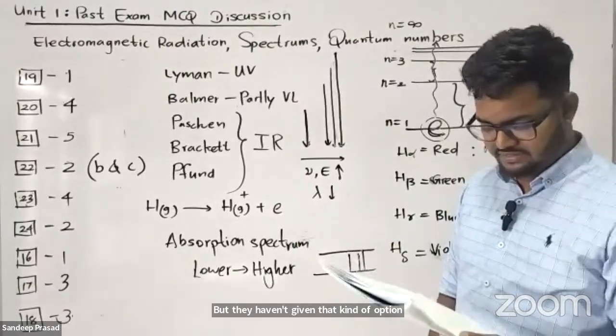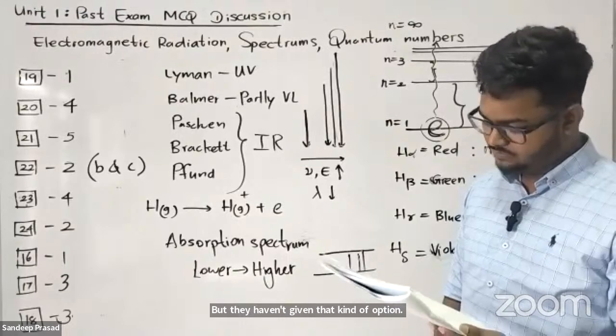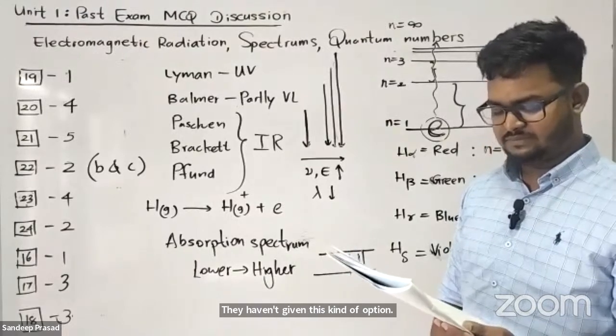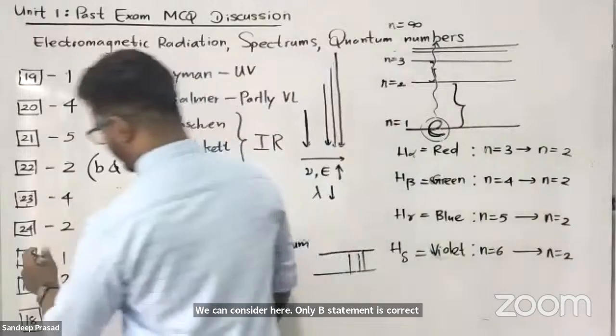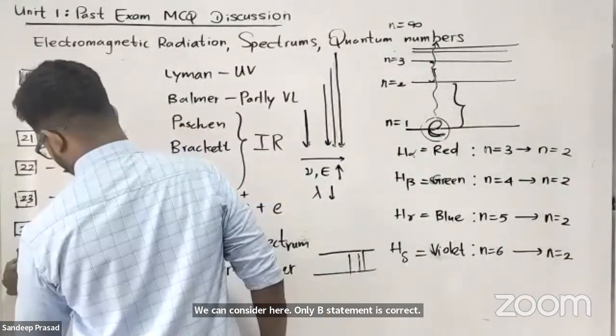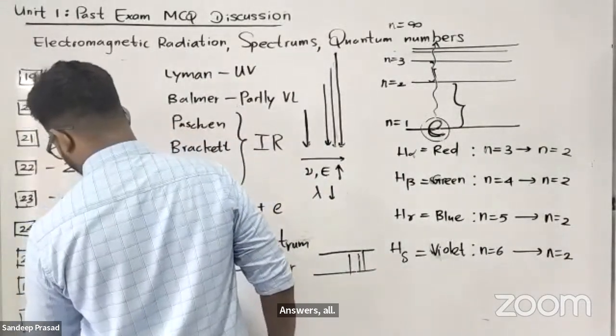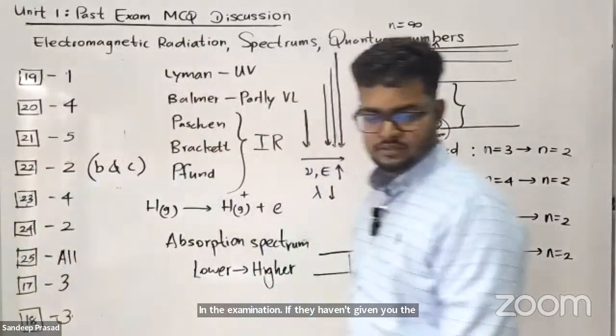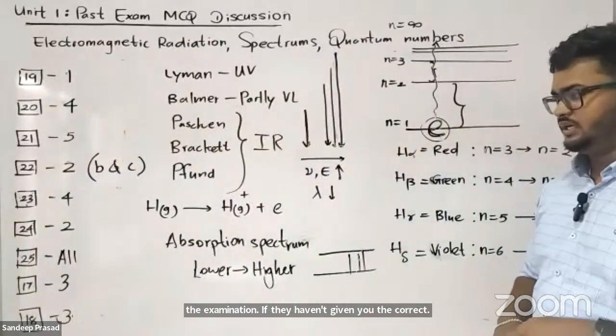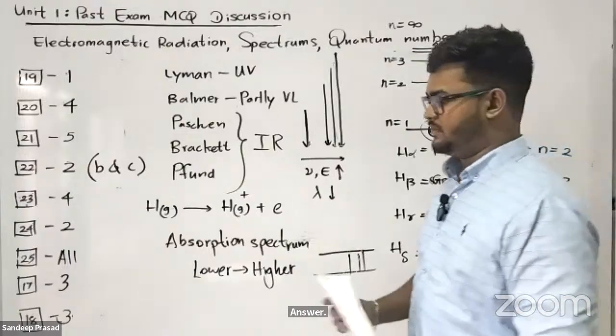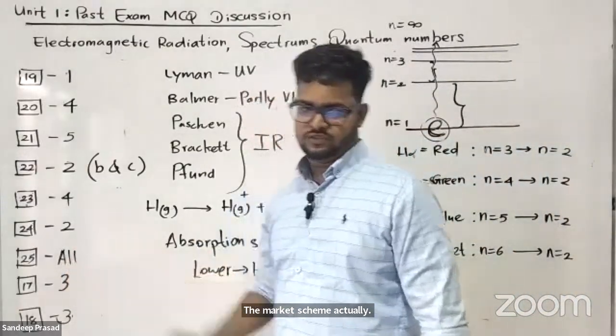Can you understand? We can consider here only B is correct. Answer is all. In the examination, if they haven't given you the correct answer, the marking scheme will give marks to all for that question.